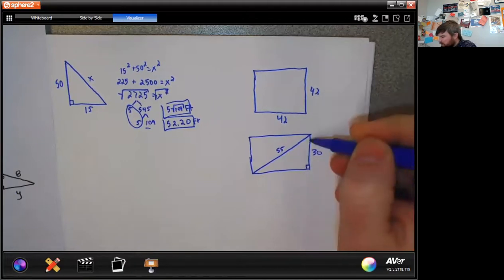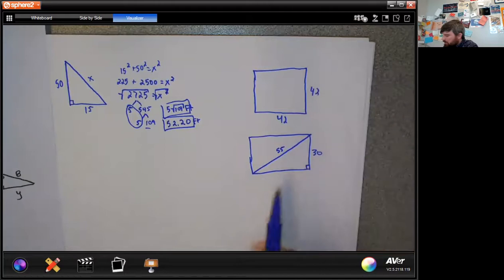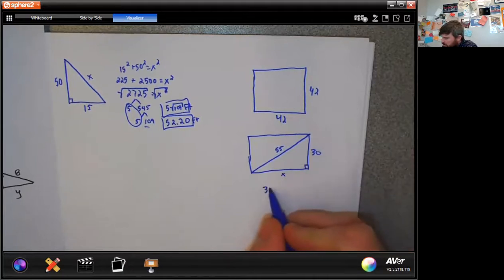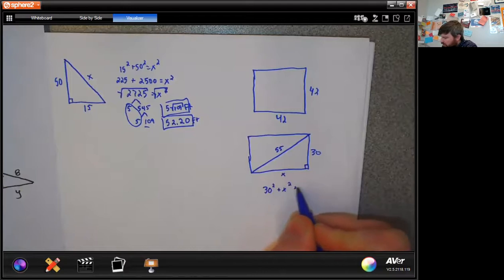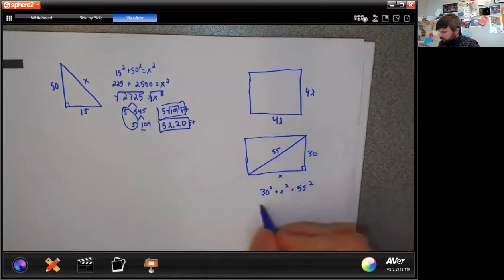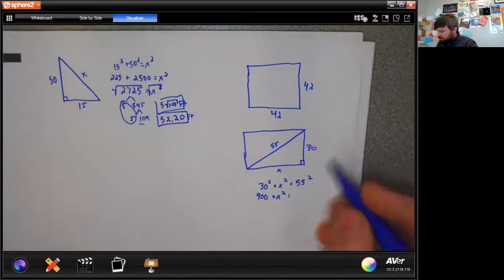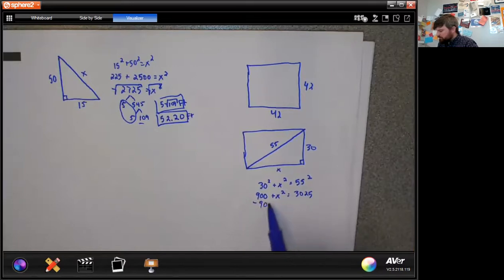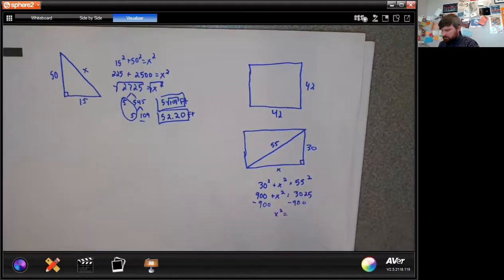The 30 inches tall will fit, but I have to figure out if this line right here is less than 42 or not. So again, we're using the Pythagorean theorem. 30 squared plus x squared equals 55 squared. 30 squared is 900 plus x squared equals 55 squared, which is 3025. Subtract the 900. X squared equals 2125.